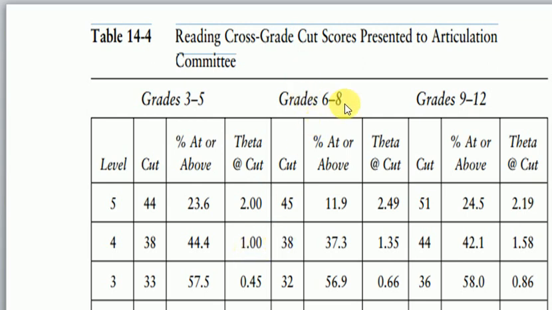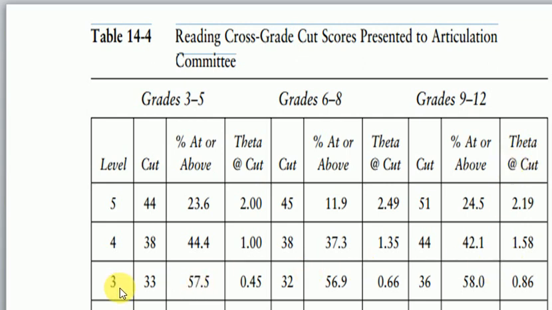For grade 6 to 8, the cut score is 38, percentage at or above is 37.3, and theta cut score is 1.35. And for grade 9 to 12, the cut point is 44, percentage at or above is 42.1, and theta cut score is 1.58.